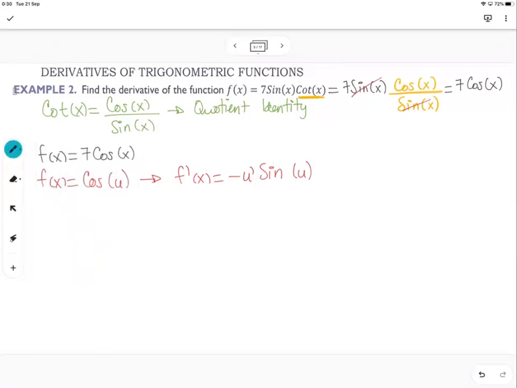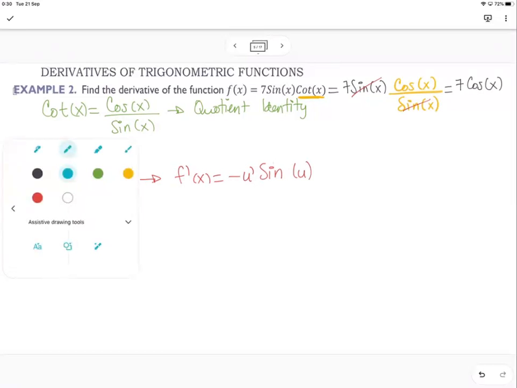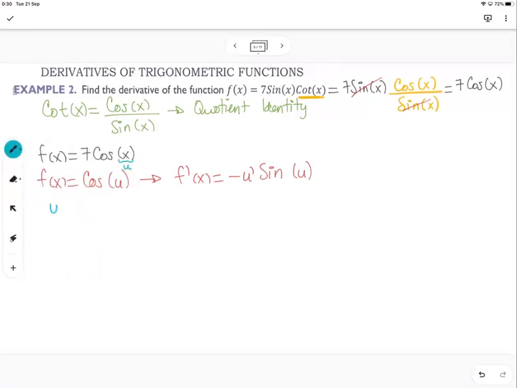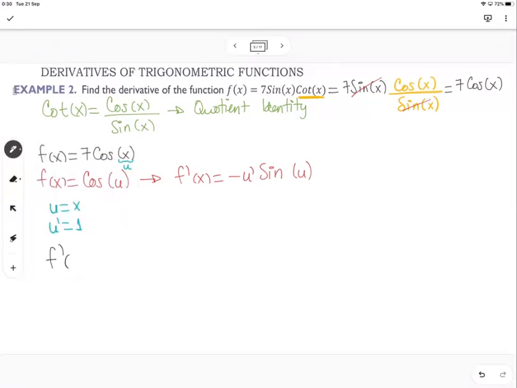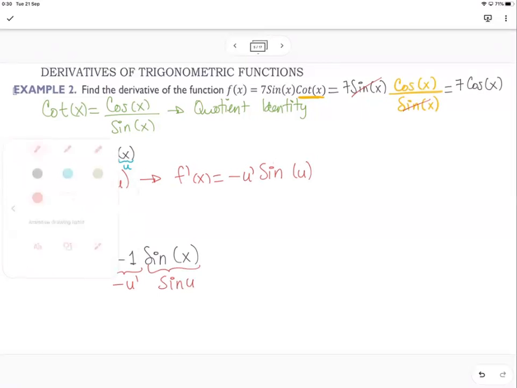Don't forget that u is always the angle. So u is x, u prime is 1, and we just have to follow the formula. Minus 1 times sine of x. This is minus u prime sine of u. There is nothing else we can do.